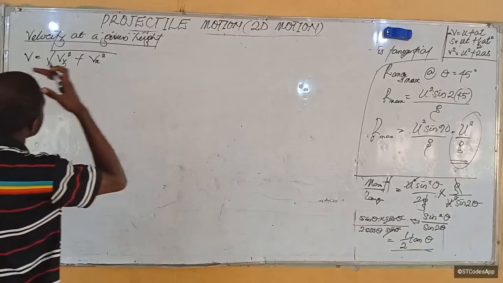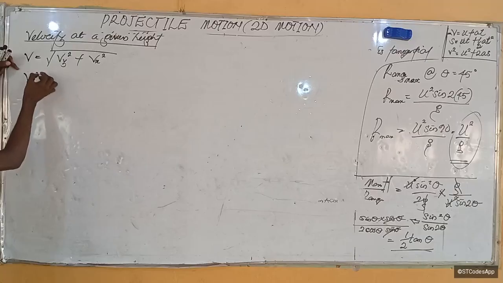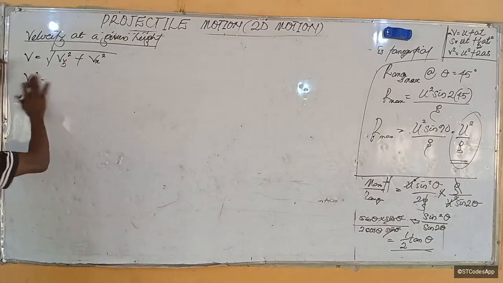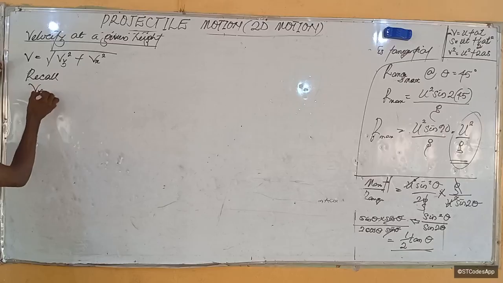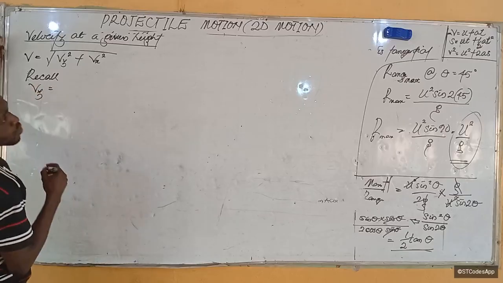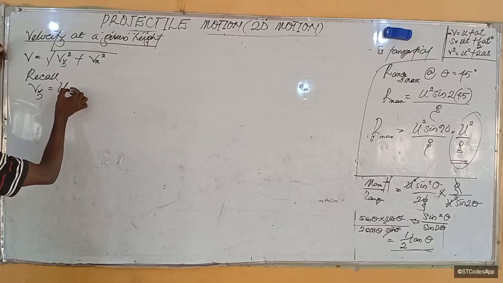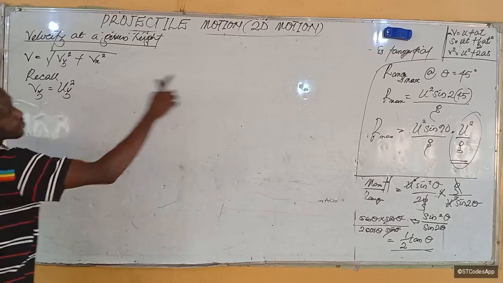Alright, so now let's start analyzing this. Remember what v sub y squared is. What is v sub y squared? Recall that v sub y squared was given to be u sub y squared minus 2gh, using this formula.